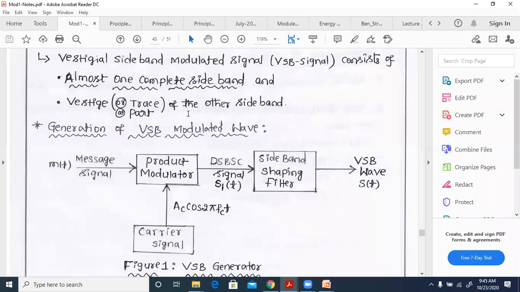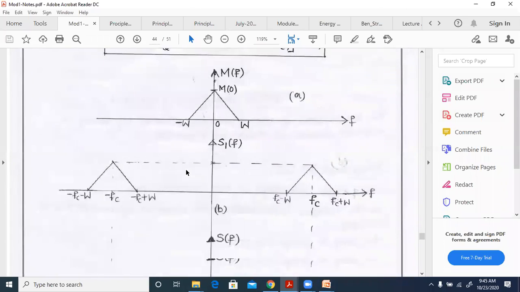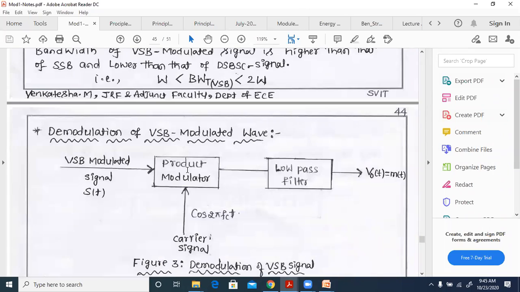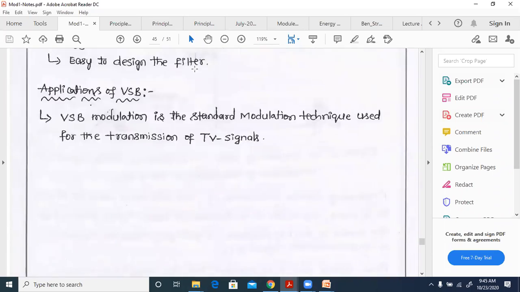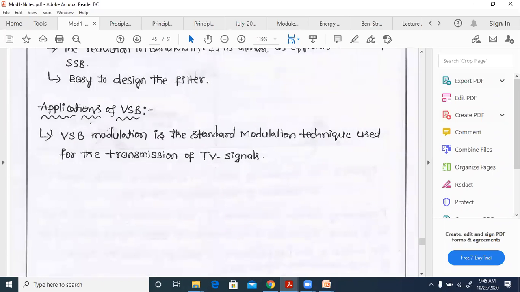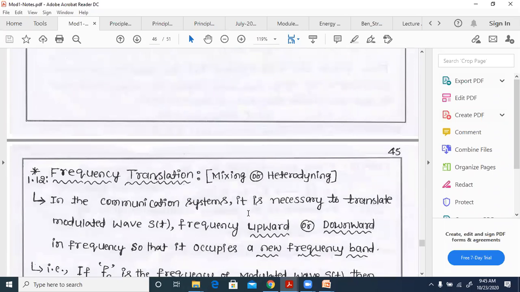So here we have the generation figure, and you need to explain that. Then advantages you need to list. Okay, so demodulation is not needed. Generation just means modulation only.